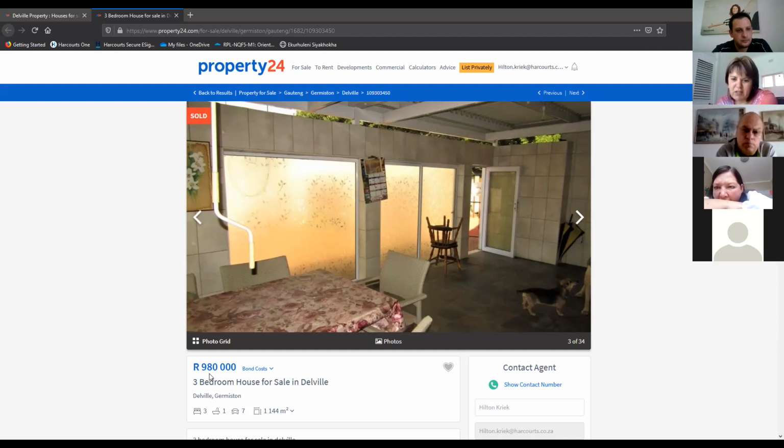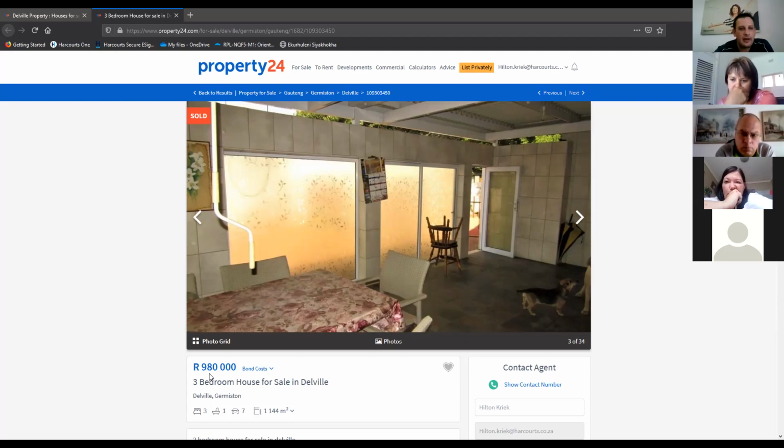Does that mean you can't go to the neighboring areas? I could, but I know my area quite well. Elsburg's prices are lower than Delville. Tedstonville's prices are lower than Delville.